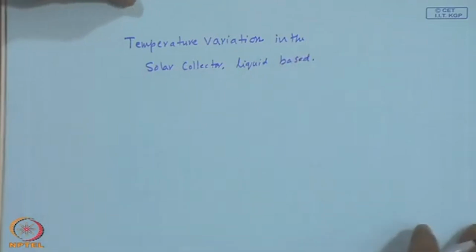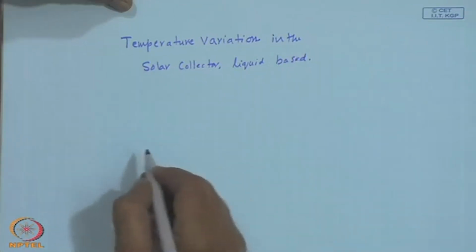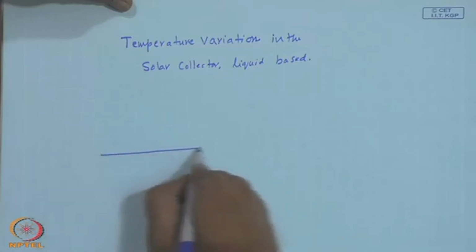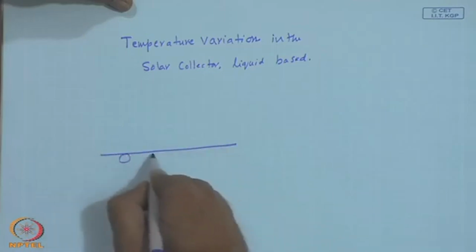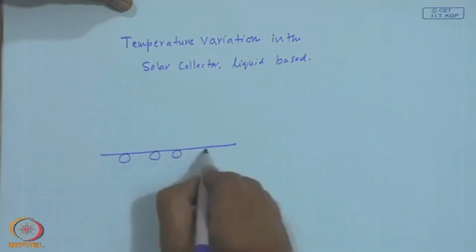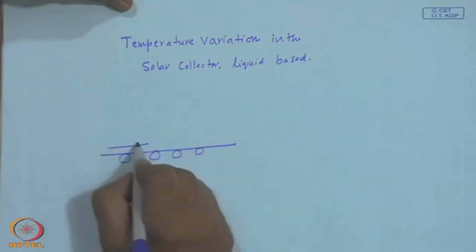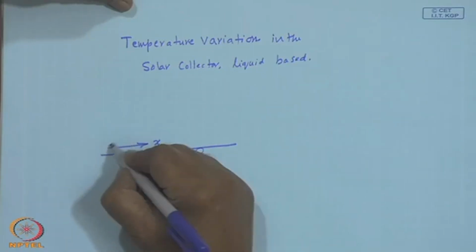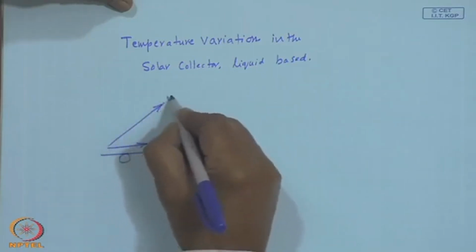Now, what you have got is something like this. We say this is x and this is y.